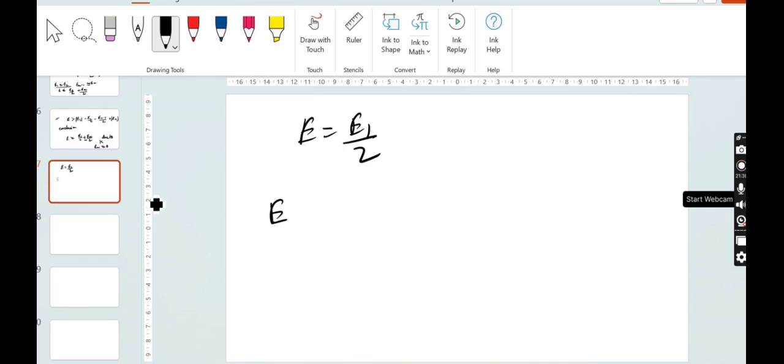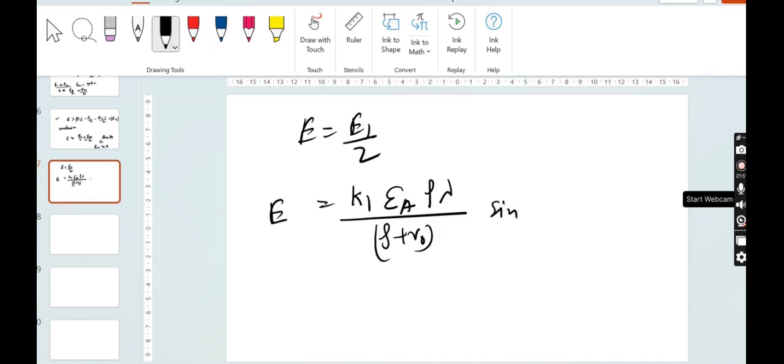So at last E became K_1 over 2 ... sin(omega t minus K(rho plus R naught)).